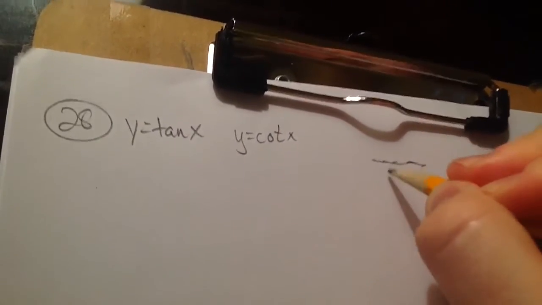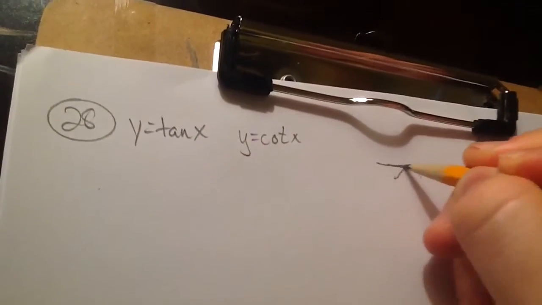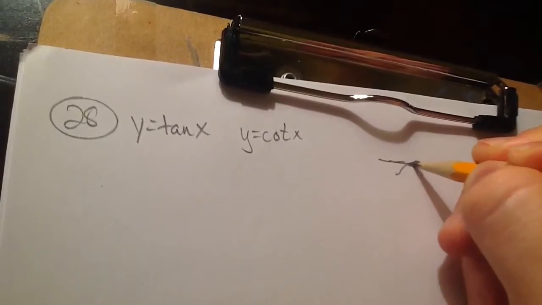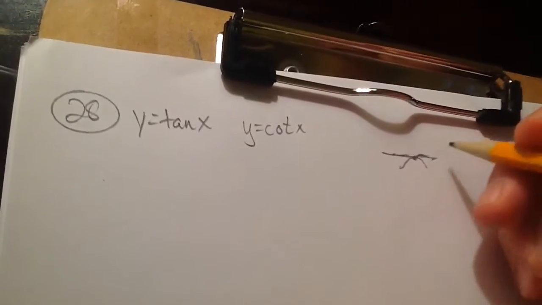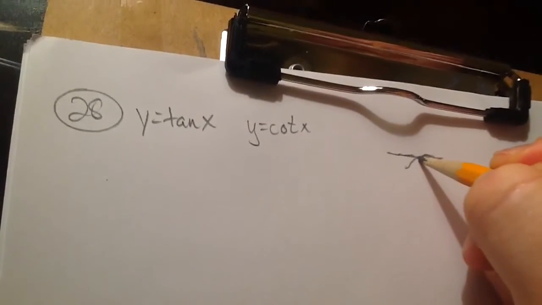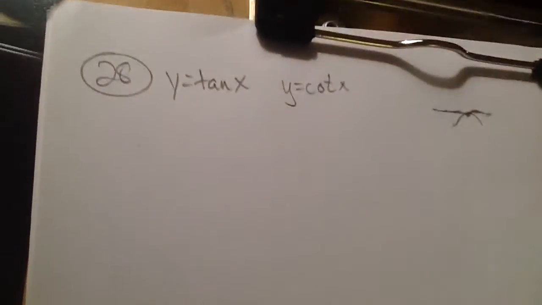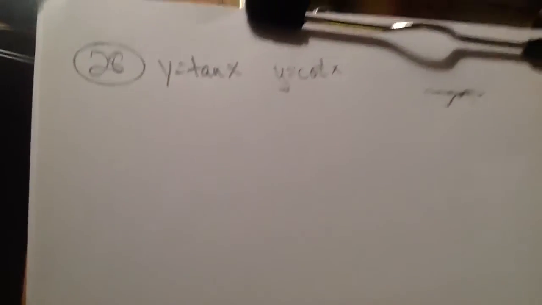Tangent is the line that touches the curve, right? These are going to be curves. Horizontal tangent means that the slope at that point will be 0, which also means the derivative at that point, if you plug in x, you'll get 0 for your answer. So it's just thinking about slopes and derivatives.